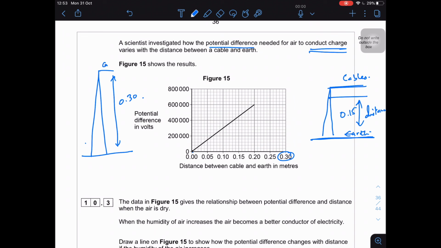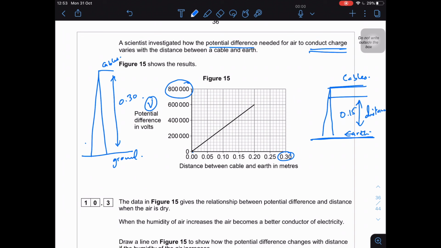That's the cable and that's the ground or earth. So he's saying that the larger the distance, the more potential, the more voltage is needed to conduct the electricity.